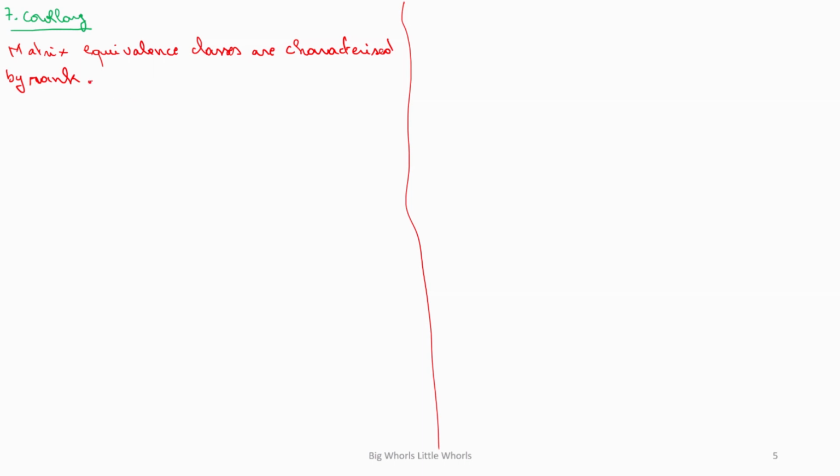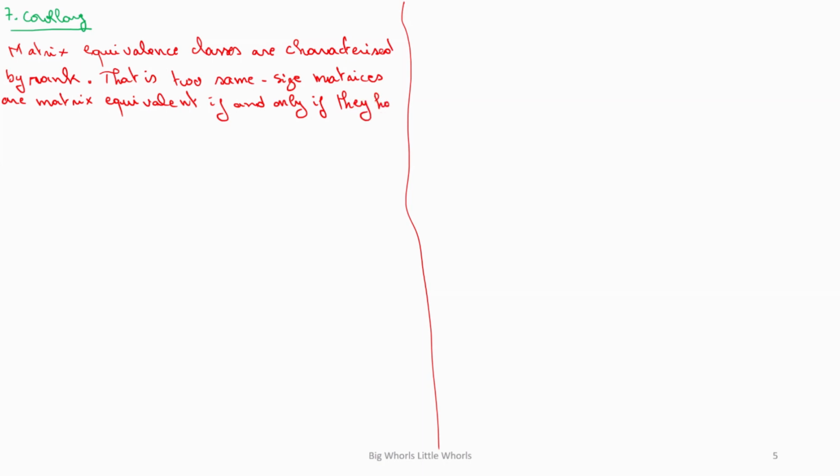That means two same size matrices are matrix equivalent if and only if they have the same rank.